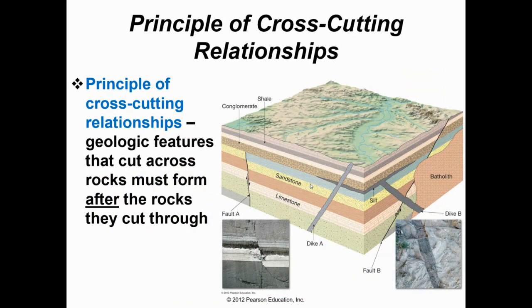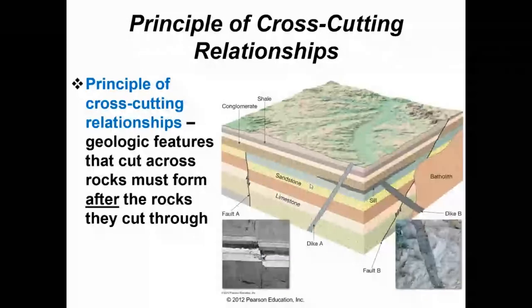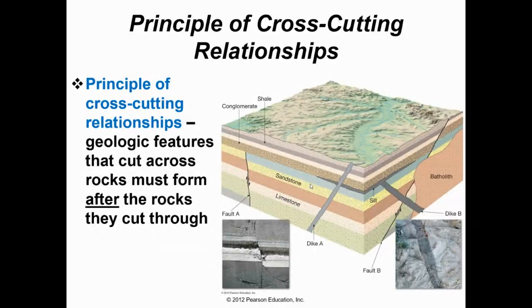All right, so now we're going to move on and take a look at something a little more complex called the principle of cross-cutting relationships. So this probably looks pretty busy, complex. In all reality, it's not that awful difficult.